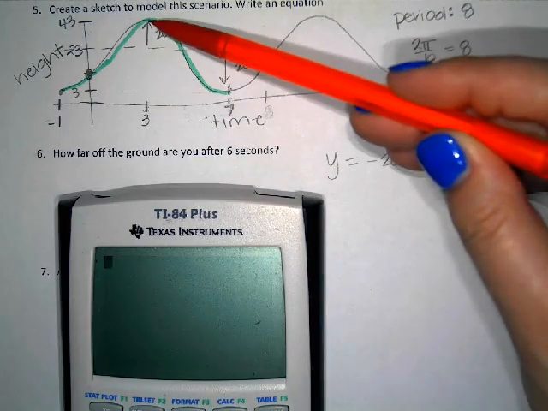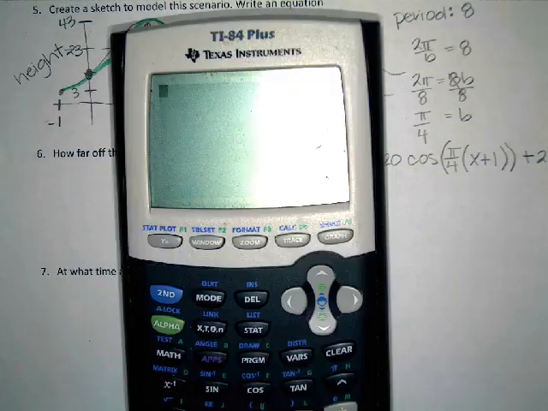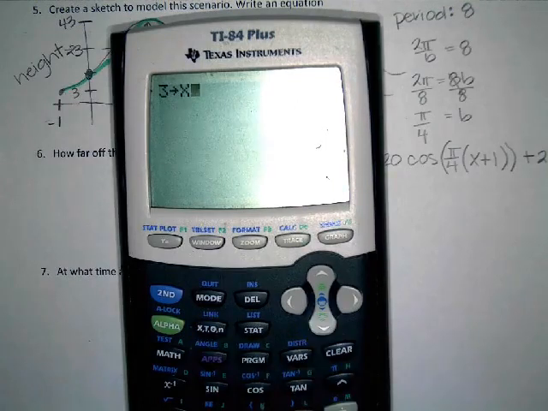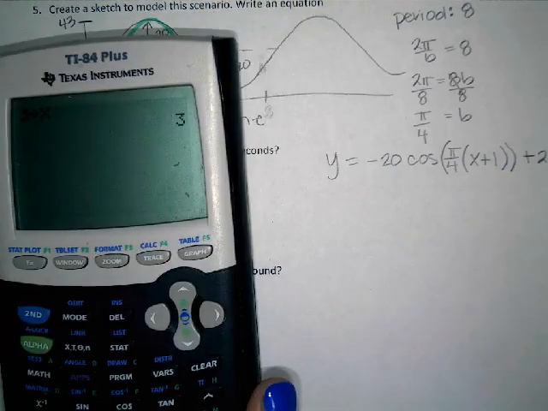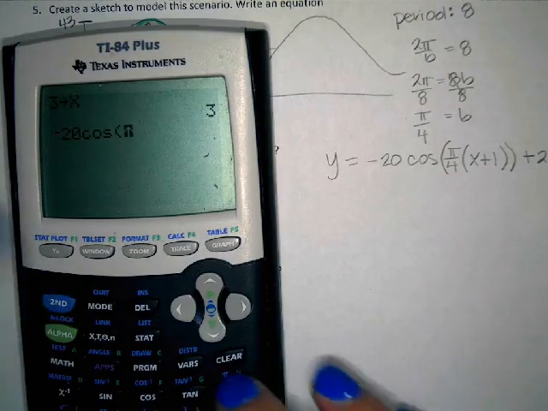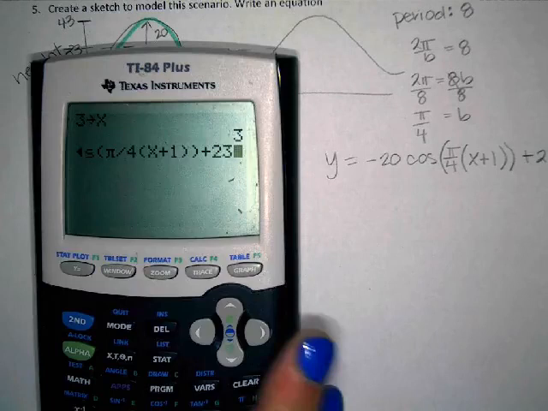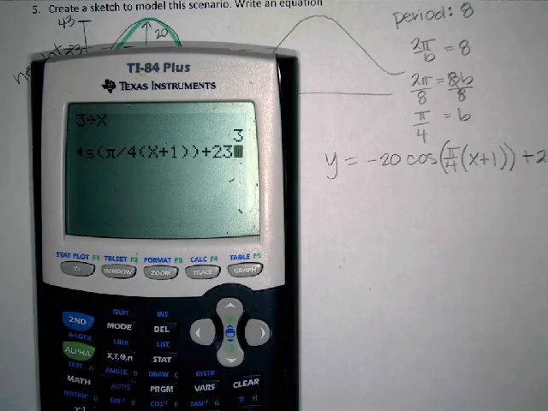So I'm going to do 3, store it as x, and then type in my equation and make sure that my output at that point is 43. And as long as my output is 43, that means that I did this correctly. And what are you guys getting? 43? Marvelous.